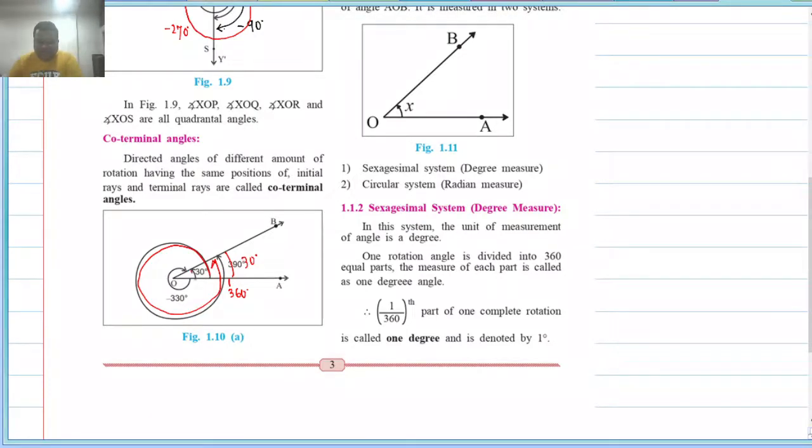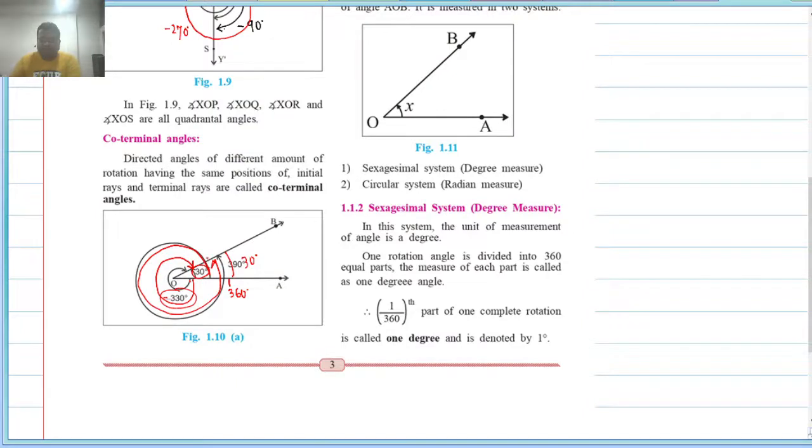Whereas angle AOB, when I measure like this, it is minus 330. Why is it minus 330? Because we are rotating in the clockwise direction. Also, one rotation is 360. Out of that, this 30 degree has gone. So this is minus 330 degrees.